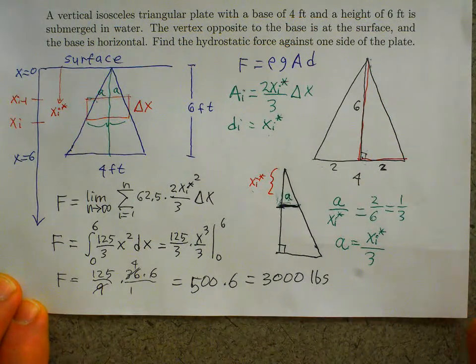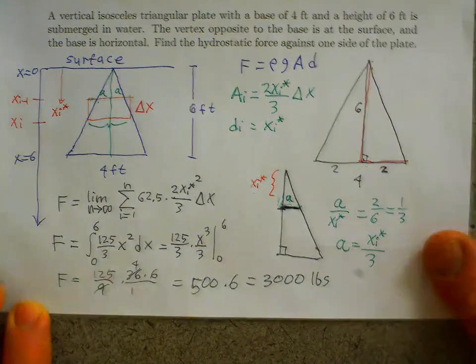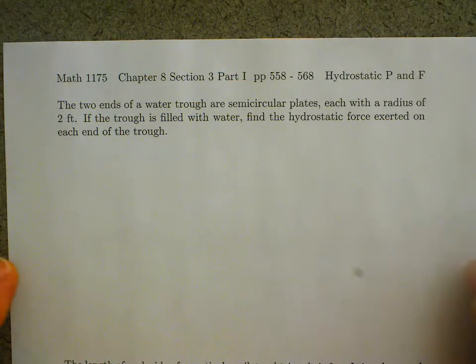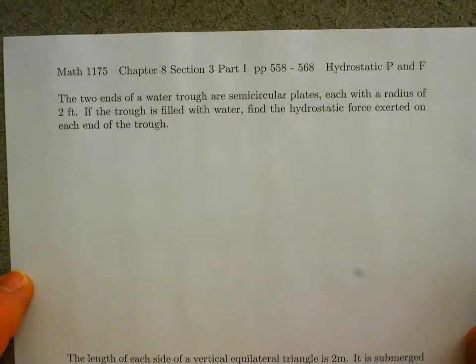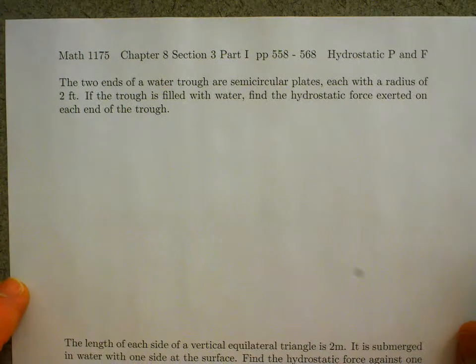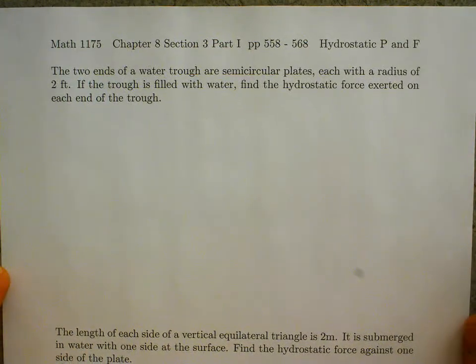Okay, let's try the next example. And this one, the two ends of a water trough are semicircular plates, each with a radius of 2 feet.